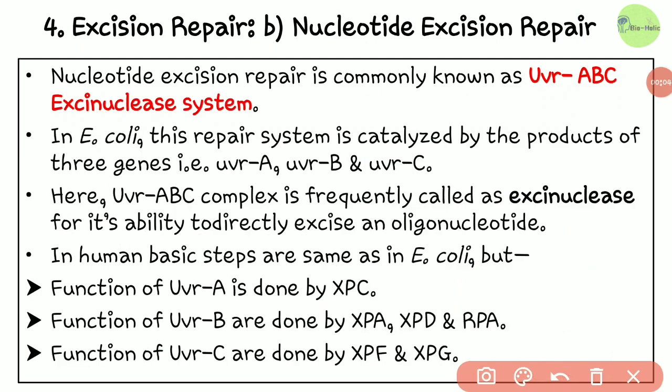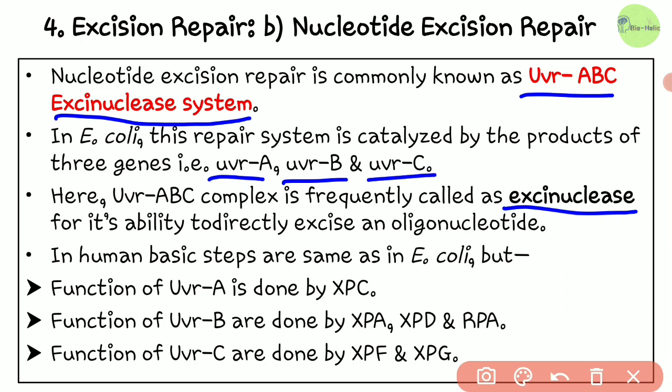Now, nucleotide excision repair is commonly known as the UvrABC excinuclease system. It is called excinuclease because of its ability to directly excise an oligonucleotide. In E. coli, this repair system is catalyzed by the products of mainly 3 genes: UvrA, UvrB and UvrC.